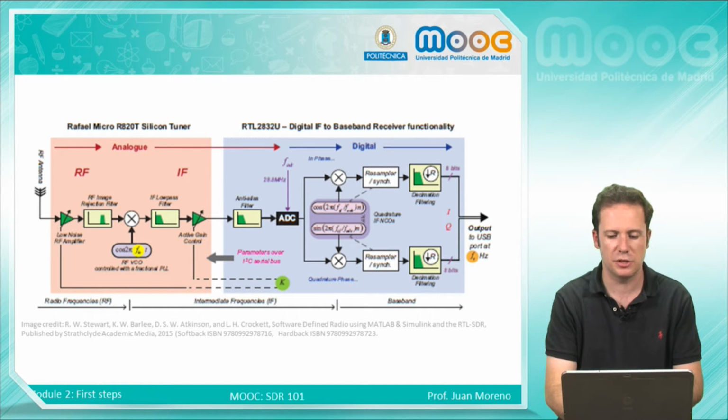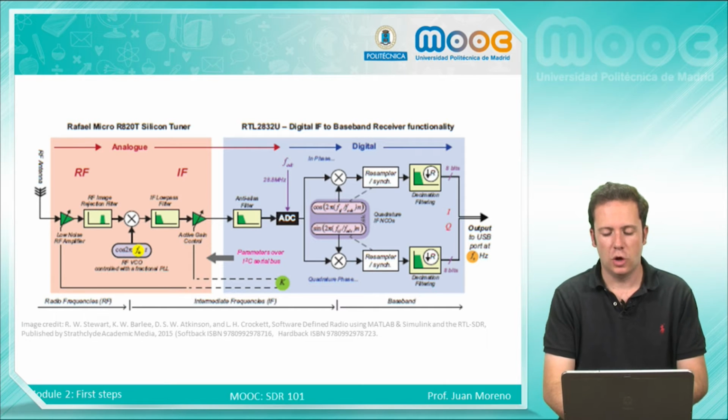After this conversion, we are now in intermediate frequency, you filter the signal again, and you control the signal strength with the gain control, which is one of the parameters that you can control in this device. And then you go to the analog to digital stage.